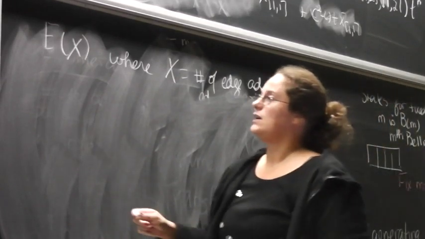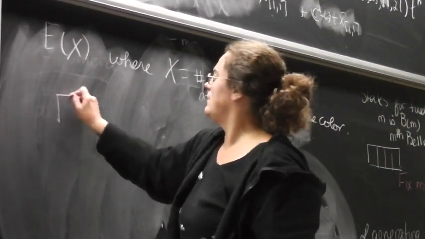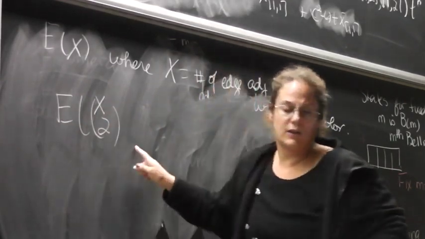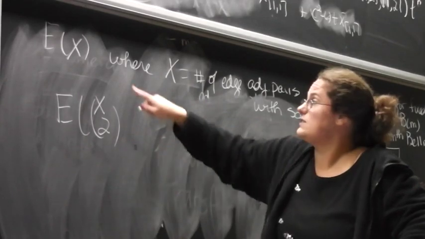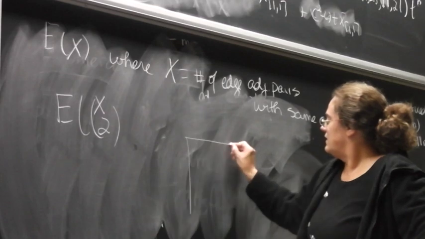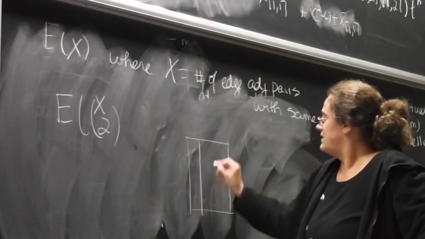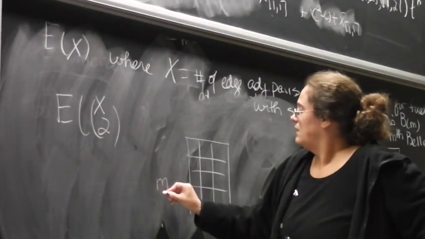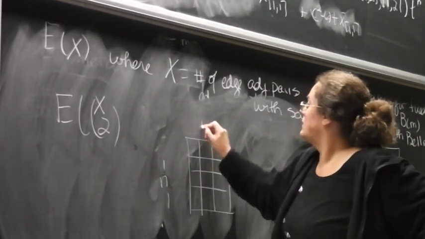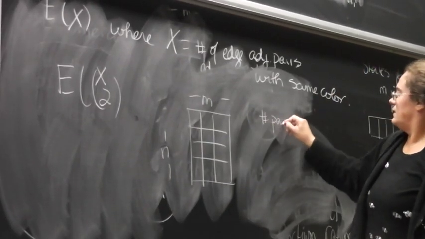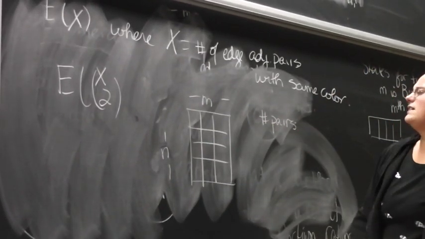If we were doing this combinatorially for the second moment, it's easier for us humans to work with choosing pairs. So when we're doing E of X, we take our M by N grid and count the number of pairs in it. How many ways can you make a single pair?